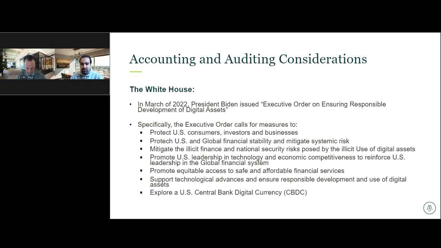And this was during the crypto winter that we saw. So I think overall, specifically in the US, we're going to see a lot more regulation around this. I think we're going to see more accounting guidance and increased disclosures relating to crypto assets.